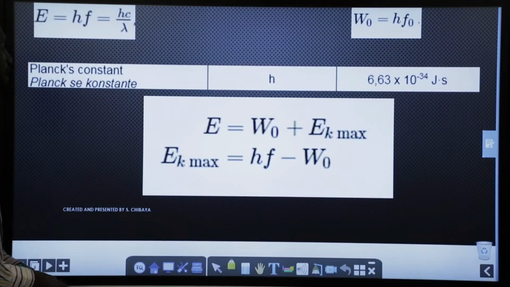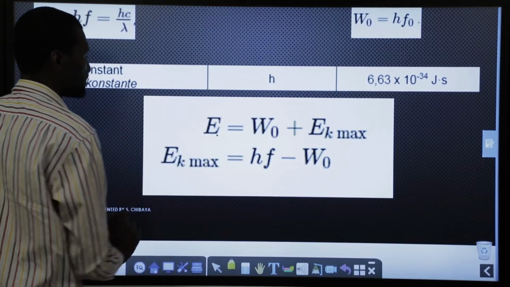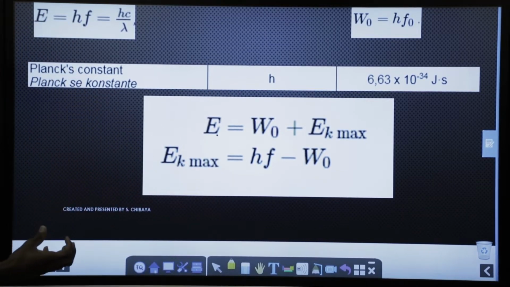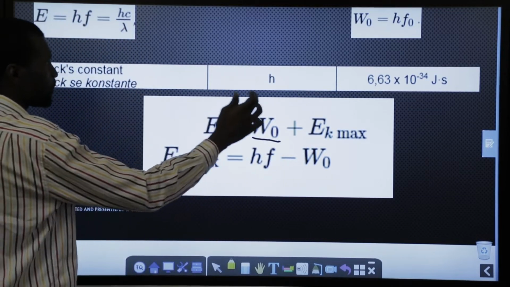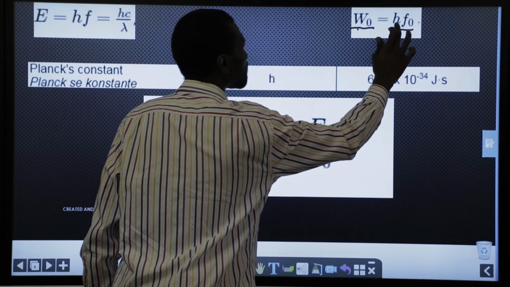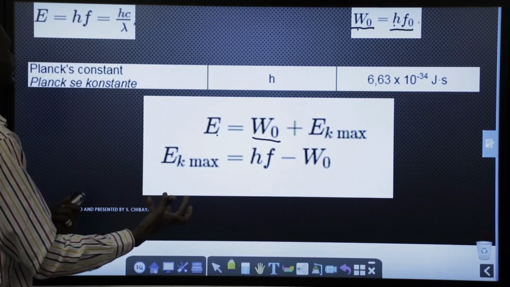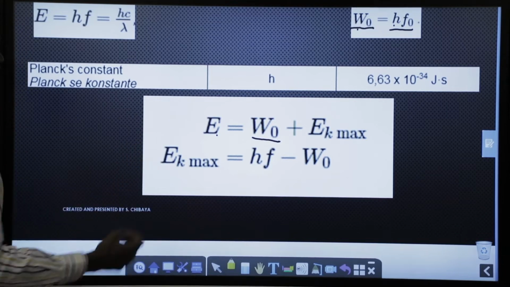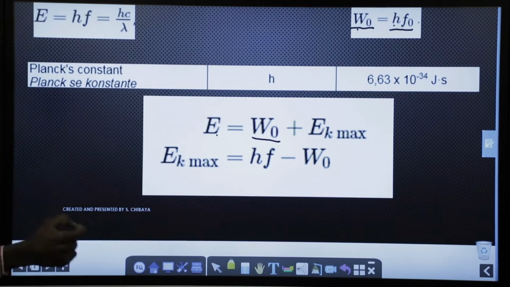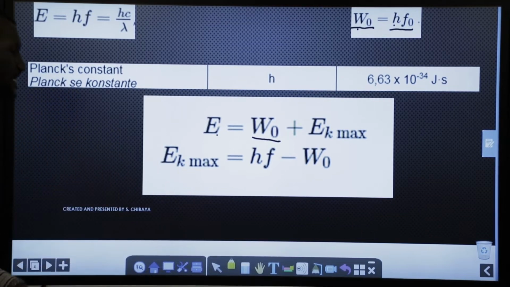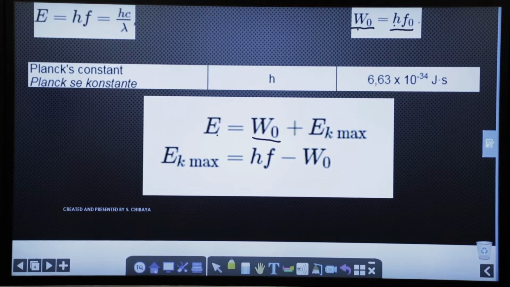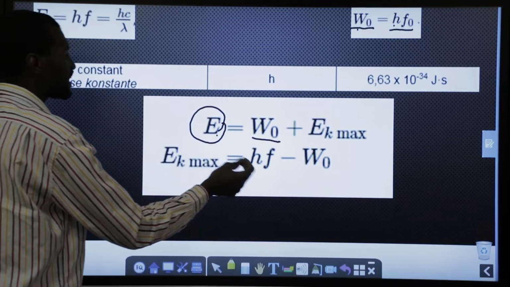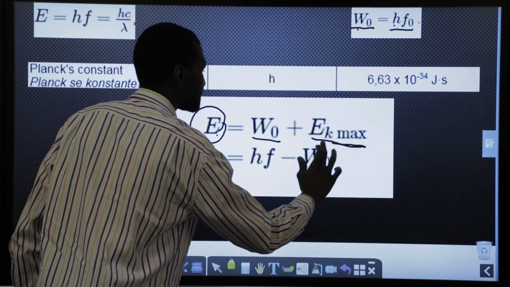Now, in a situation where the energy given onto a surface is greater than the work function, which we now know is h multiplied by f0, where f0 represents the threshold frequency and W0 represents the minimum amount of energy required to eject an electron from the surface of a metal, then if E is greater than W0, the ejected electron will have kinetic energy.